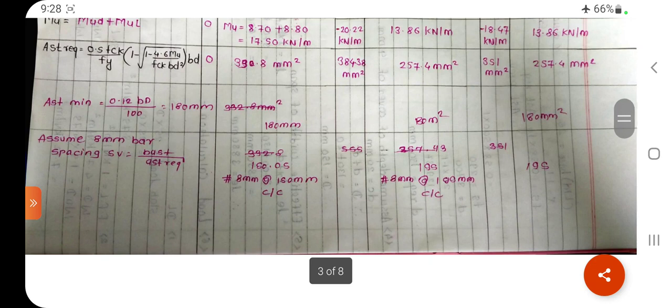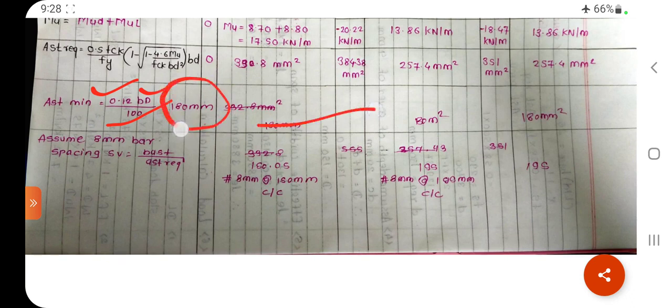Then after calculation of AST, our next step is to calculate the AST minimum, and AST minimum is equal to 0.12% of bD upon 100. Now as this is a continuous span, AST is calculated for the single span as the depth is similar.